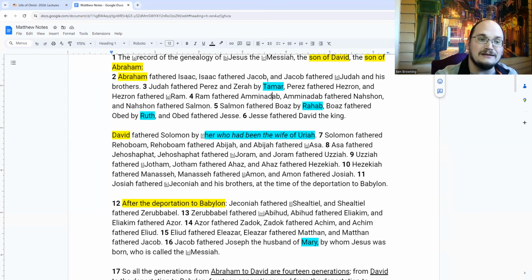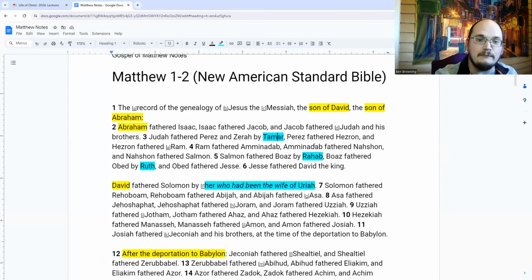So an argument here, which I think best fits of the arguments, is that these four women are mentioned because it's pointing to the fact that Jesus is not only coming to the Jews, but also to the Gentiles. And again, that actually is a really important point when you think about Matthew's Jewish audience. He's writing about the Jewish Messiah, the son of David, the son of Abraham.